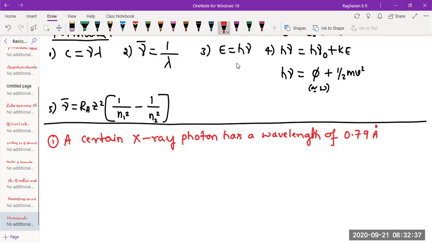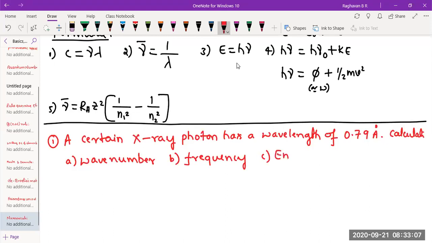Calculate: A, the wave number; B, the frequency; C, the energy of the photon.